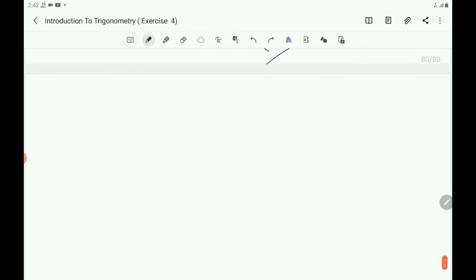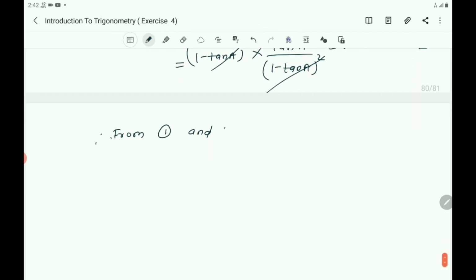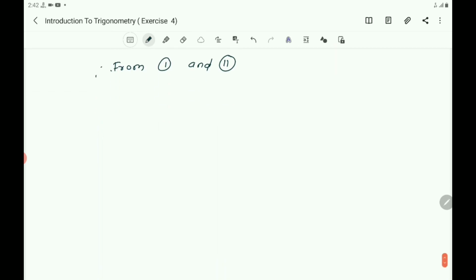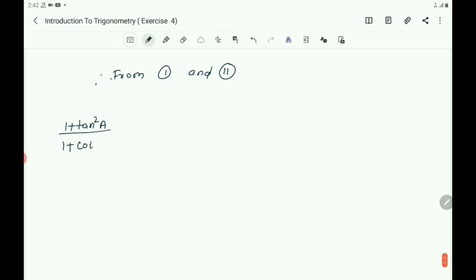Therefore from first and second, you write 1 plus tan square A by 1 plus cot square A equals 1 minus tan A by 1 minus cot A whole square.